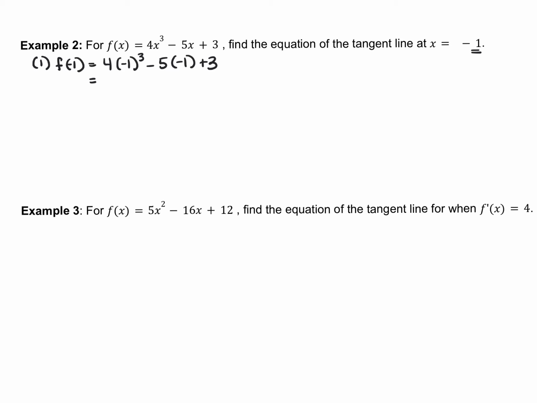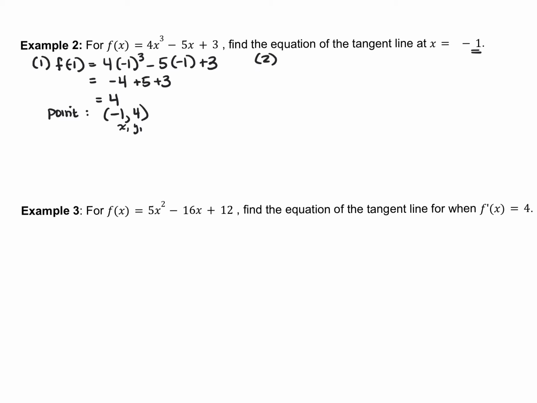And that ends up being negative 4 plus 5 plus 3. And that's going to be just 4. So what I know is that the point I'm writing my line at is the point negative 1, 4. Now that's going to be my x1, y1 a little bit later.